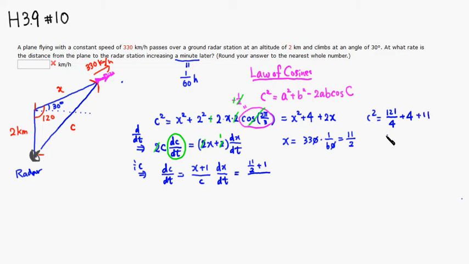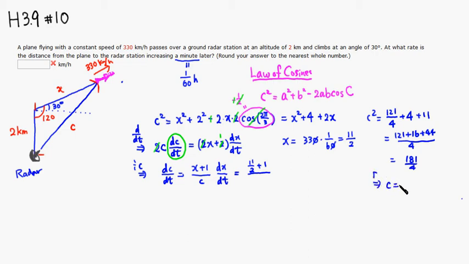With a common denominator of 4, you have 121 plus 4 times 4, which is 16, and 4 times 11, which is 44. So this is going to be 181/4.